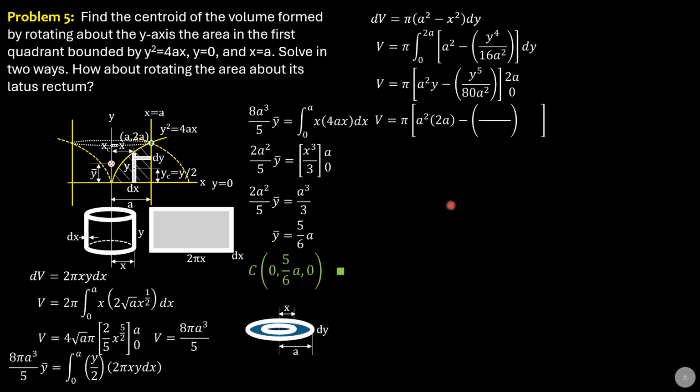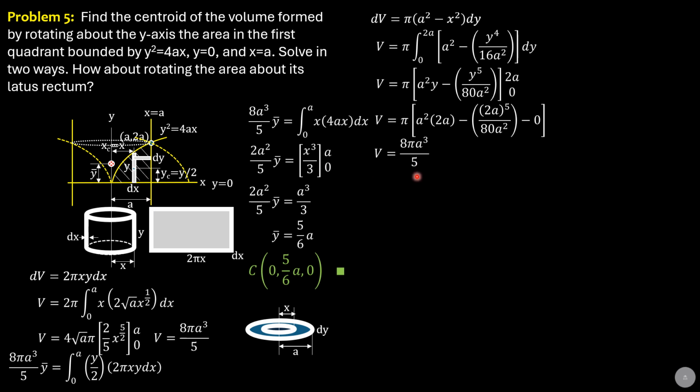So the volume is equal to, using the calculator, 8 pi a cubed over 3. Then again, we only need to solve for y bar. x bar is 0, z bar is also 0.